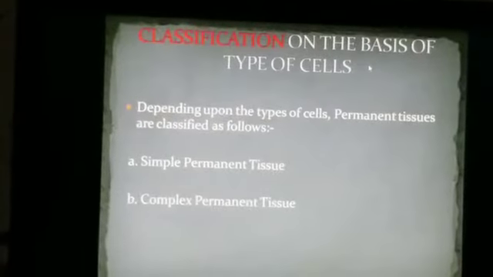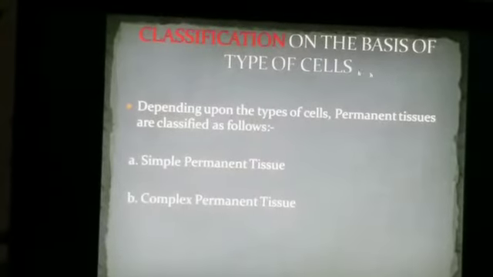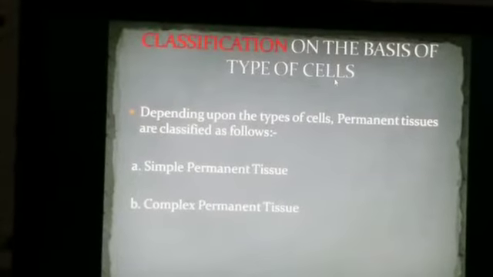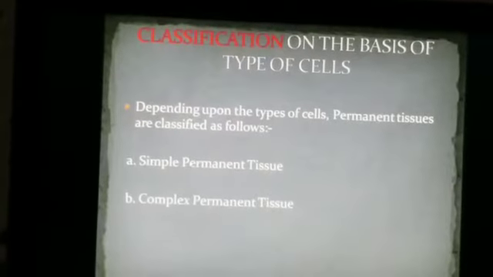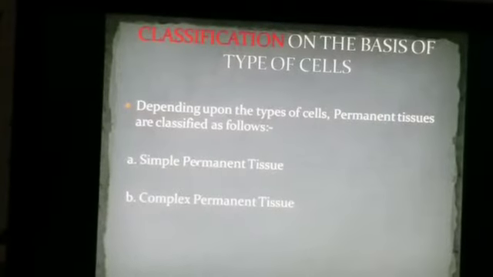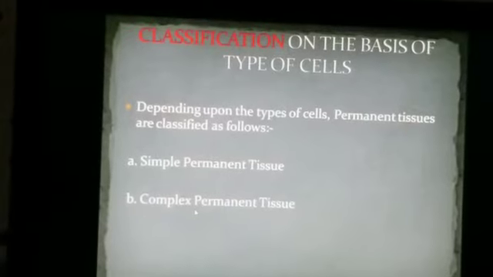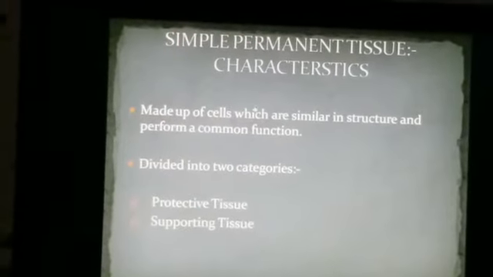Now I'll discuss the other type of classification, on the basis of the types of cells available in permanent tissues. There are two types of permanent tissues on the basis of types of cells. The first one is simple permanent tissue. The second one is complex permanent tissue.